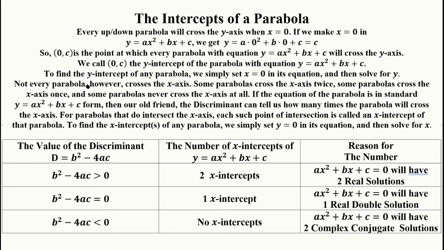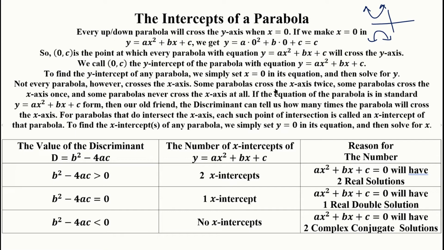Now, not every parabola crosses the x-axis. Let me show you some examples. Here's a parabola. Is that parabola ever going to cross the x-axis? It's not. So not every parabola is going to have an x-intercept. They will all have a single y-intercept, but some will not have any x-intercepts. Here's another one that won't cross the x-axis either.